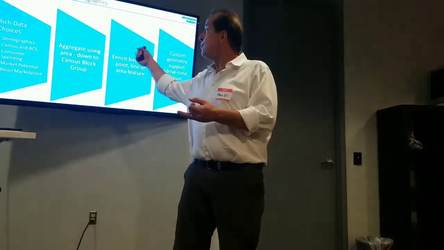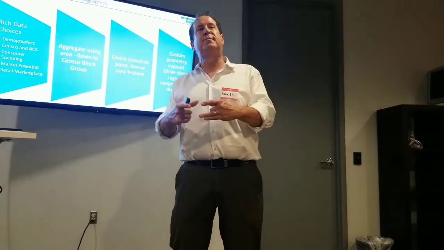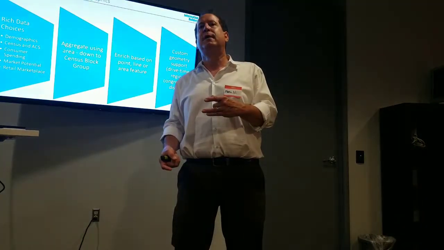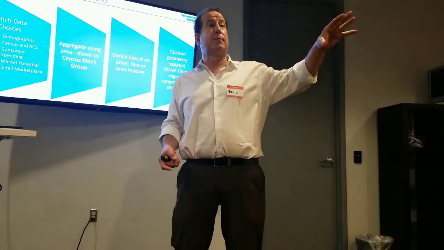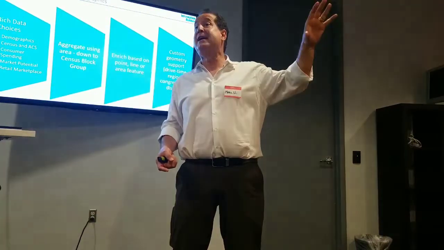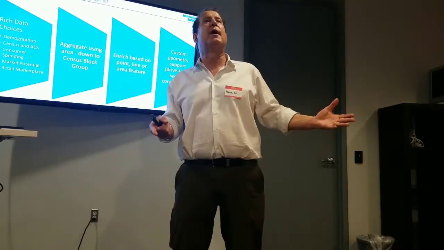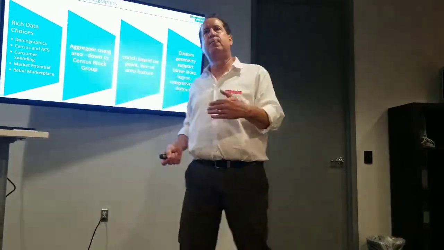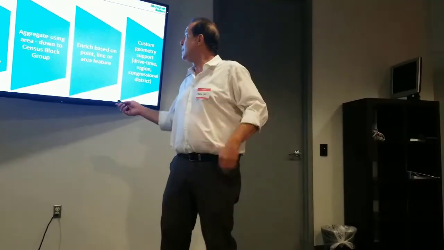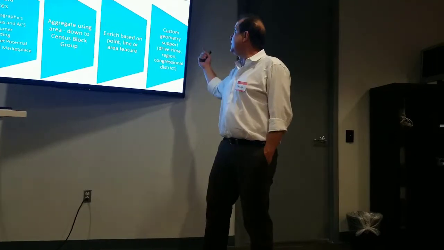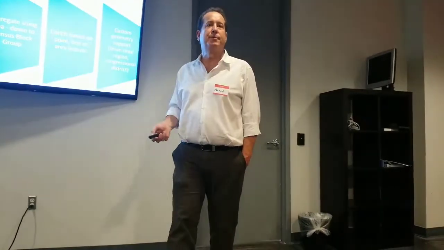They store everything aggregated down to the census block group. However, when you retrieve it, you can say, I don't want census block group, I want zip code. Or I want state, or I want county, or I want it by this polygon that I've described. So it's more of a data on demand kind of thing. So you can enrich based on point, line, or area feature, and you can use things like custom geometries. Right?